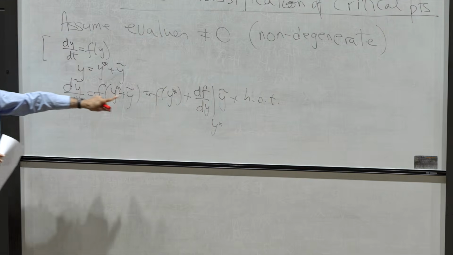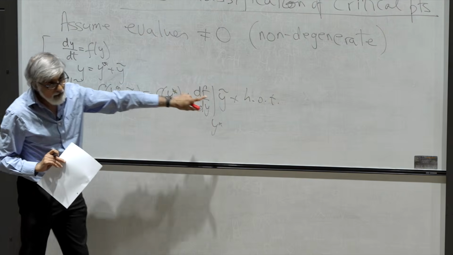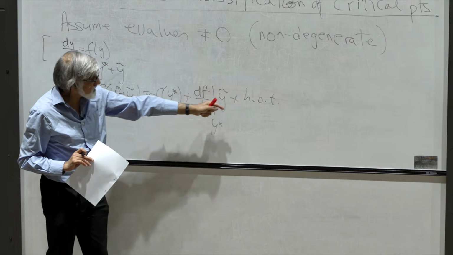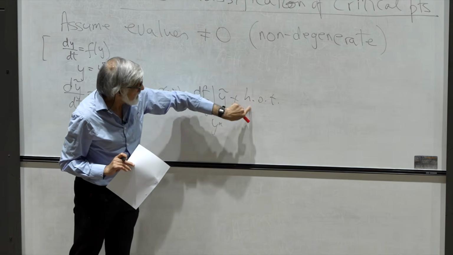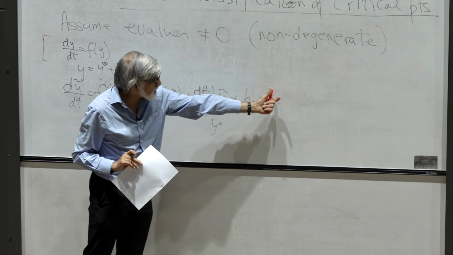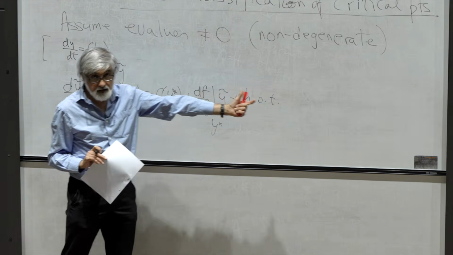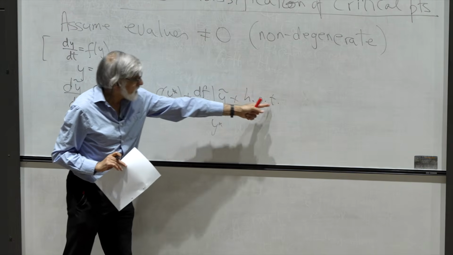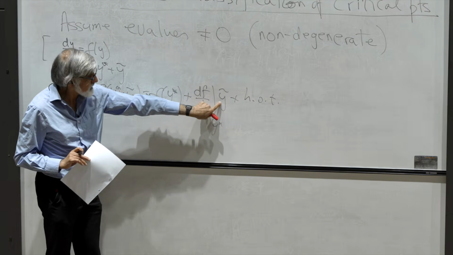But if this is equal to 0, then you have to take the next order term, because you can't say that these are negligible compared to this. These are order y hat squared, and if y hat is small, then certainly they're smaller than this.